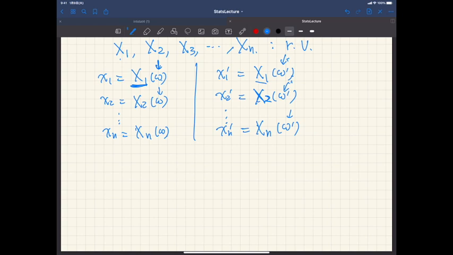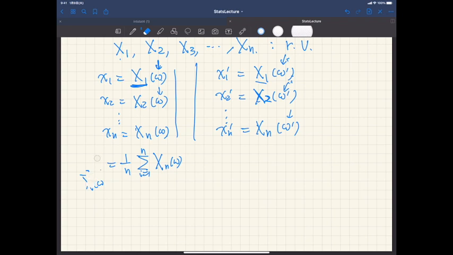Then we calculate the sample mean. So this was the sum of all of these divided by n. So this sample mean should be considered as a random variable.